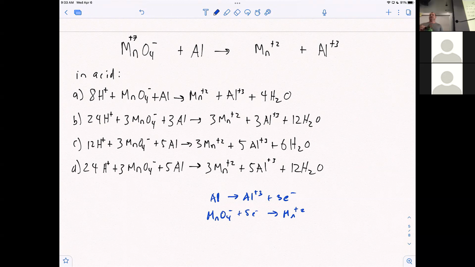Yeah, go ahead, Dennis. It's because we're gearing it towards batteries, and we tend to use aqueous solutions in batteries. And why can't it be carbon? It absolutely can.